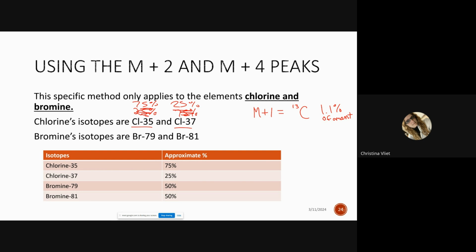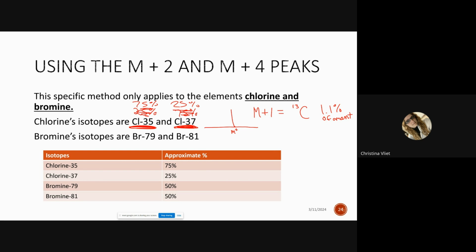And so the idea here is that most of your chlorine is chlorine 35, and a little bit of your chlorine is chlorine 37. So it turns out if we were to look at the mass spec, after our M plus ion, you would have one 2 above, we would call the M plus 2 peak. And because it's 25% versus 75%, what do you think the height of the M plus 2 peak would be?